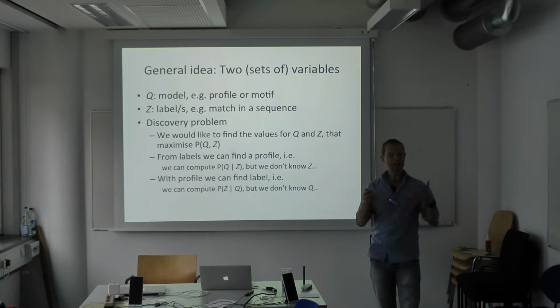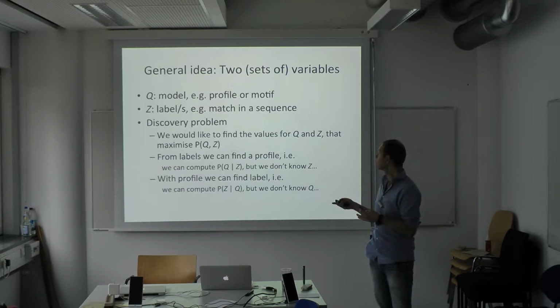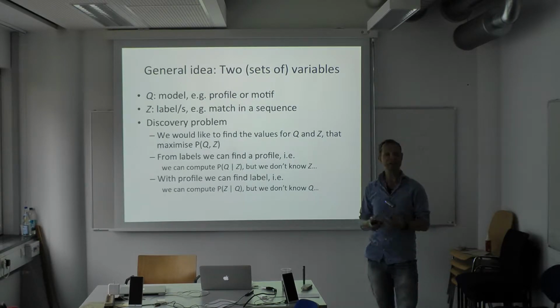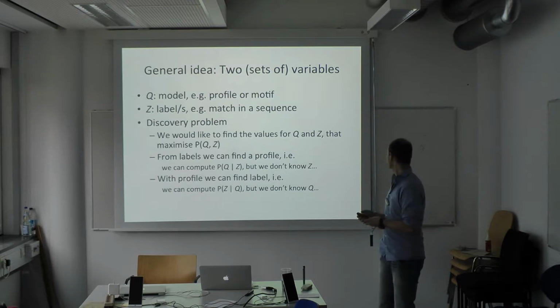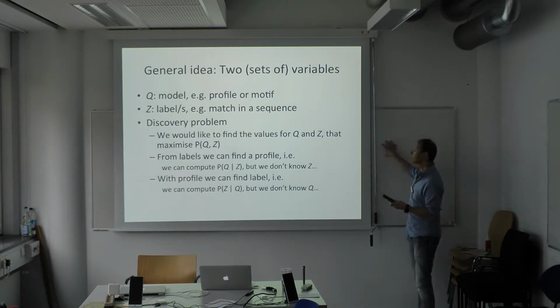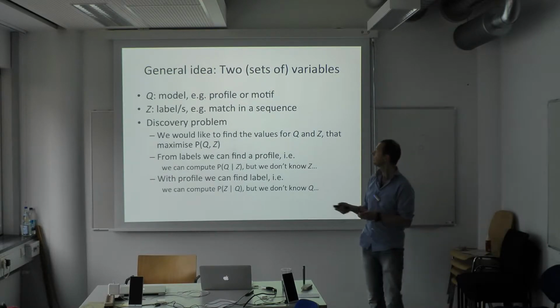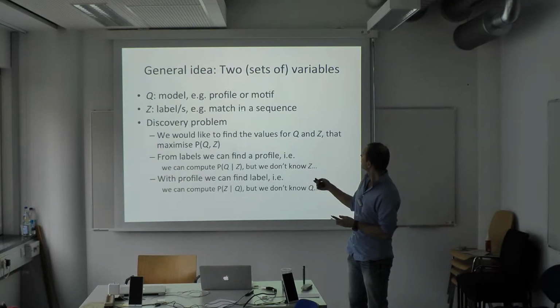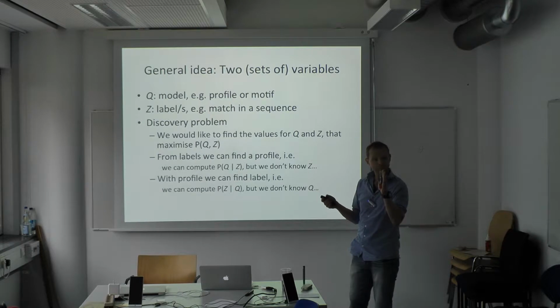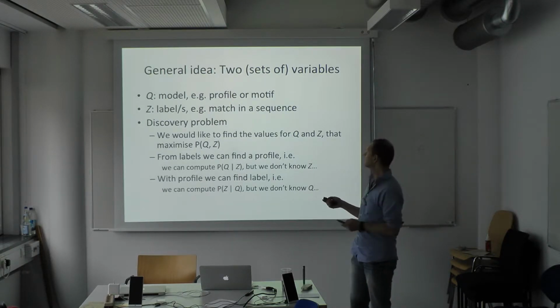You can think about it as the profile that we talked about on Tuesday. The other one is a set of labels. Essentially, some way of labeling our data so that we can form our model. So this could be, say, a position in a sequence that we regard as a match.